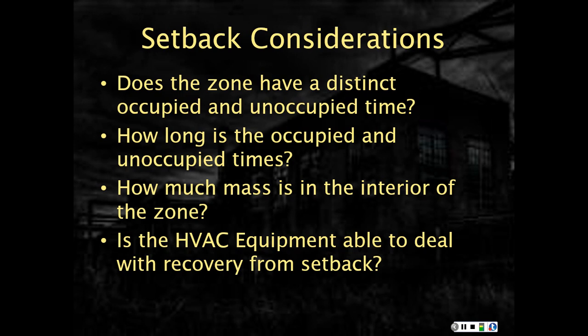Those are massive items. I'm not talking about small things like chairs, or things that easily change temperature or don't take a long time to change temperature. So how much mass is in the space?